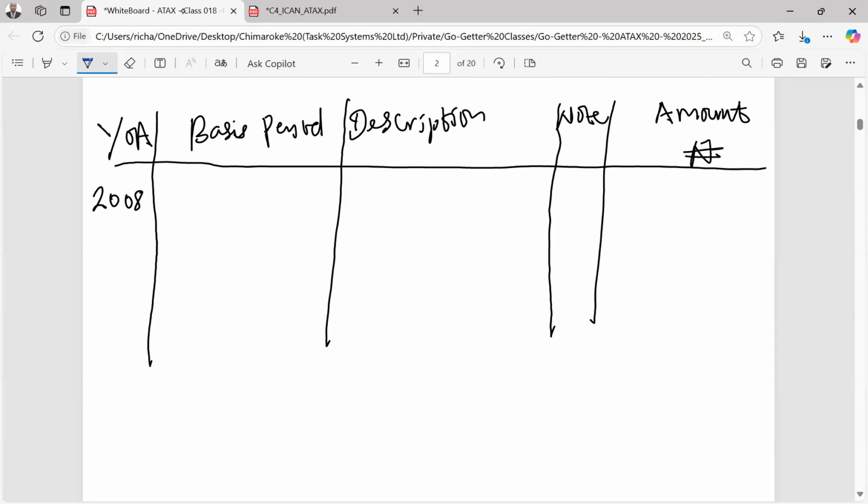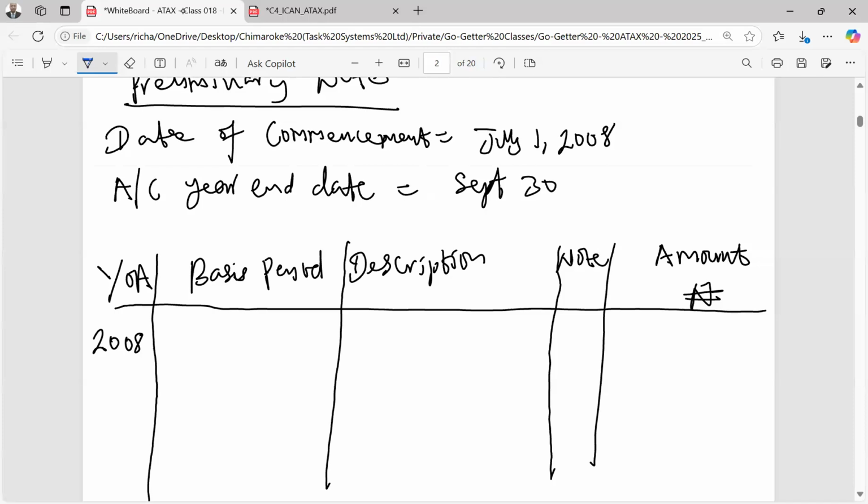Now, I said that for the Pre-Finance Act 2019, your first year, the basis period will start from the date the business commenced.